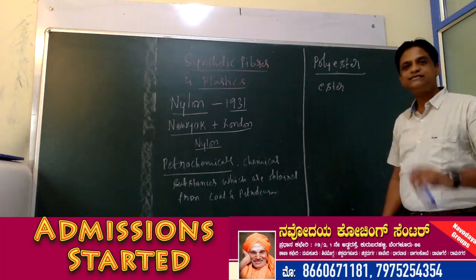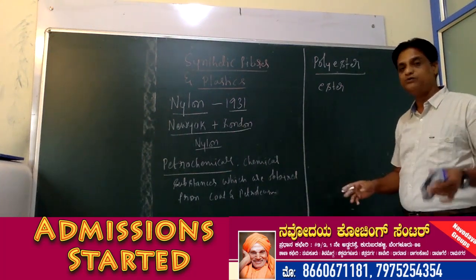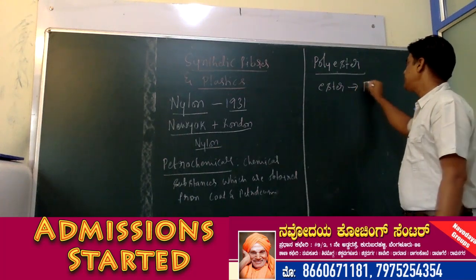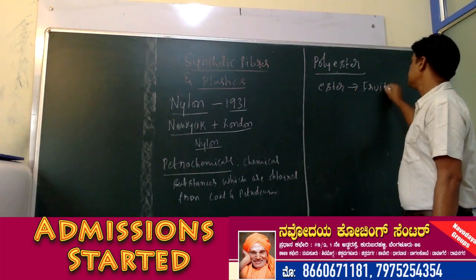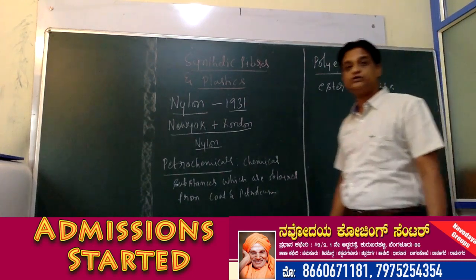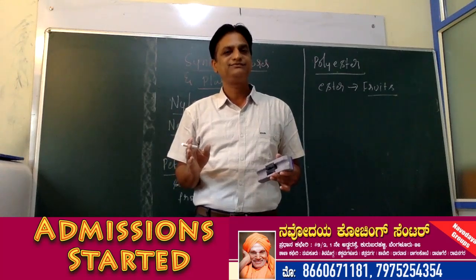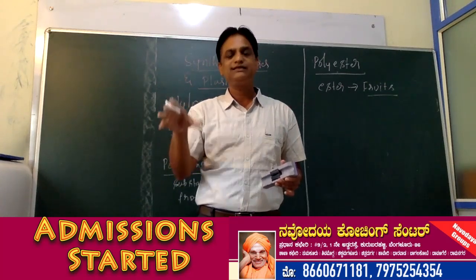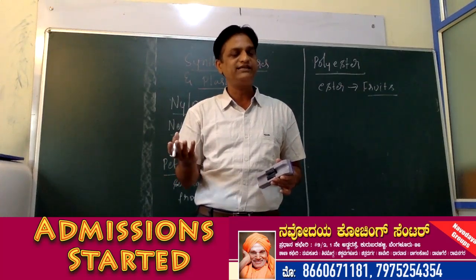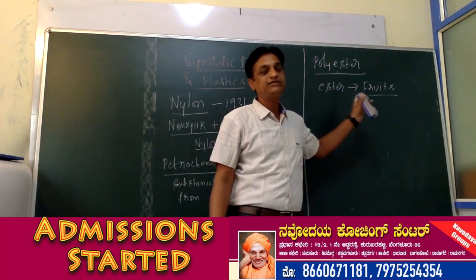Okay. So what is actually an ester? Esters are organic compounds which are normally found in fruits. See, normally the flavor. Now, we use many synthetic flavors, and all those synthetic flavors are actually esters only.